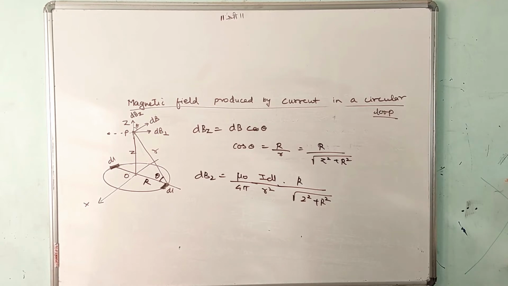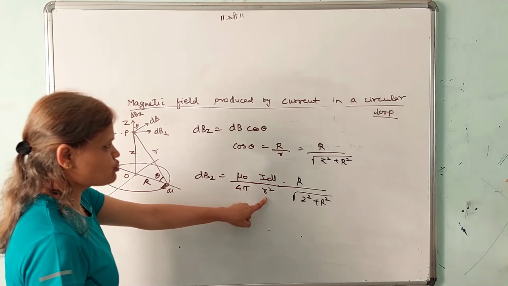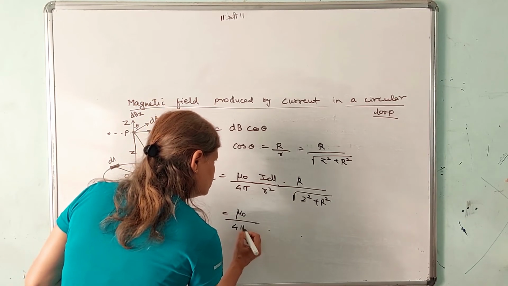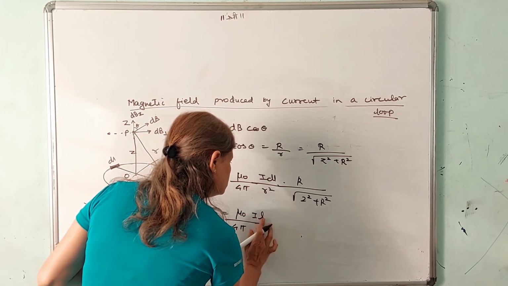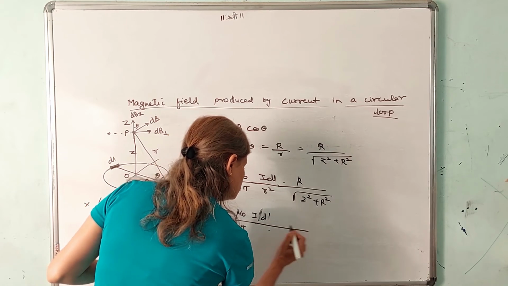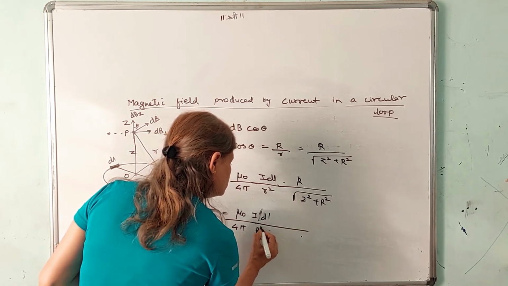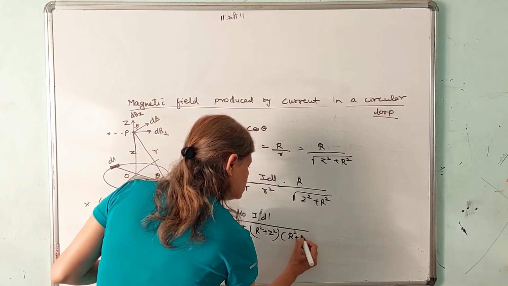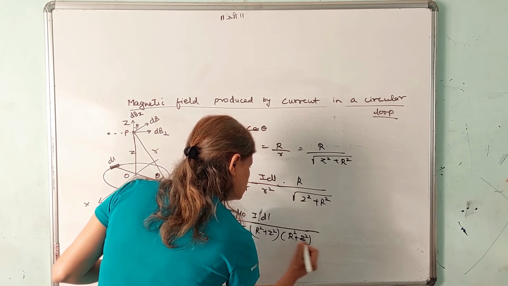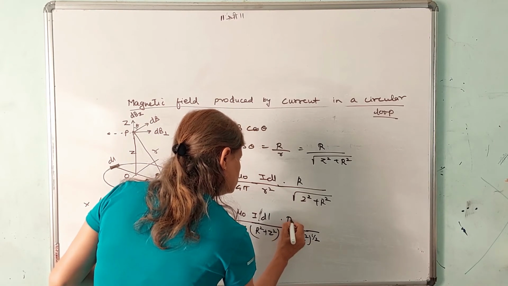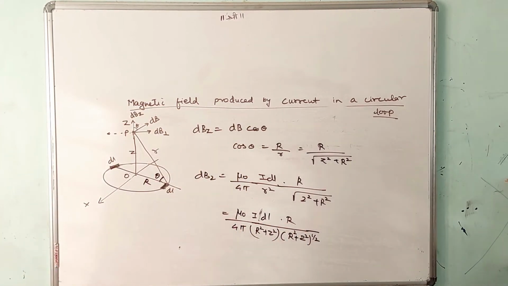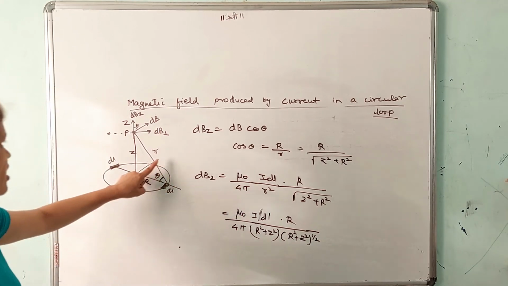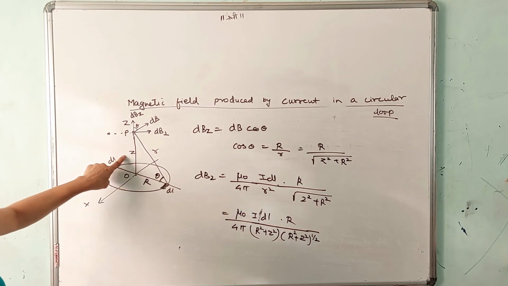Small r square we can write as capital R square plus z square.